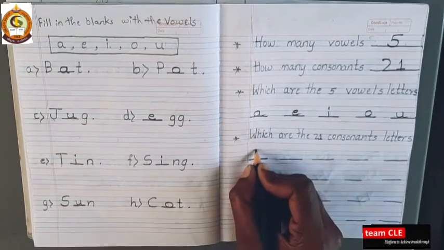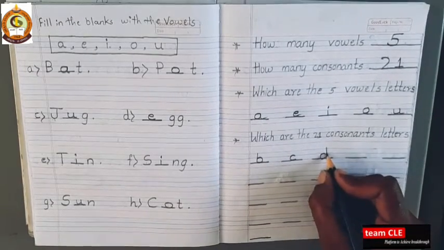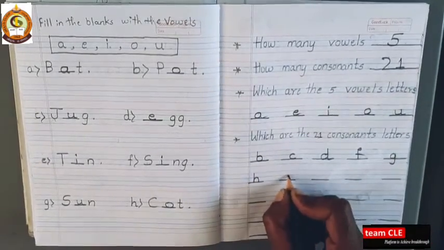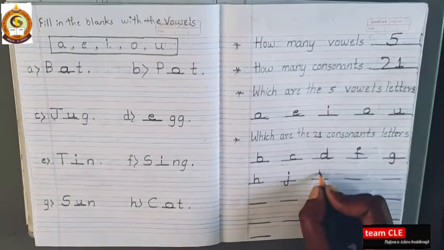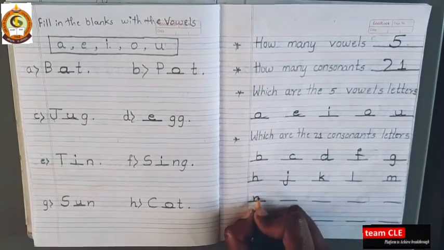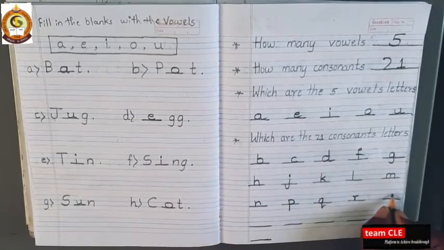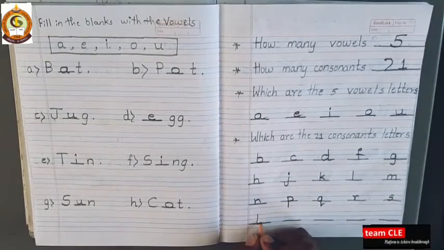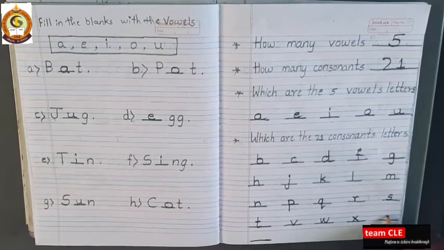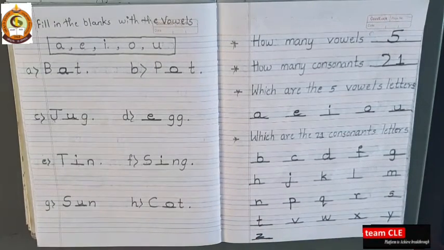So which are the 21 consonants? B, C, D, F, G, H, J, K, L, M, N, P, Q, R, S, T, V, W, X, Y, Z. So these are consonants.